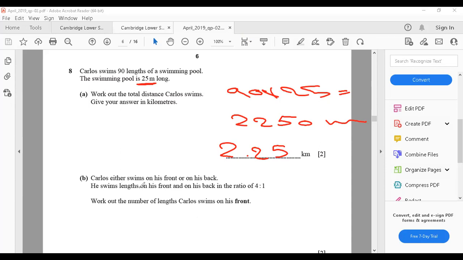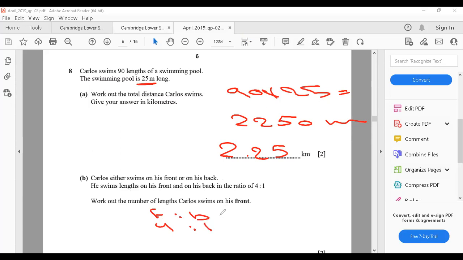Now Carlos swims either on his front or on his back. He swims lengths on his front and on his back in ratio of 4:1. So front and back, 4:1.